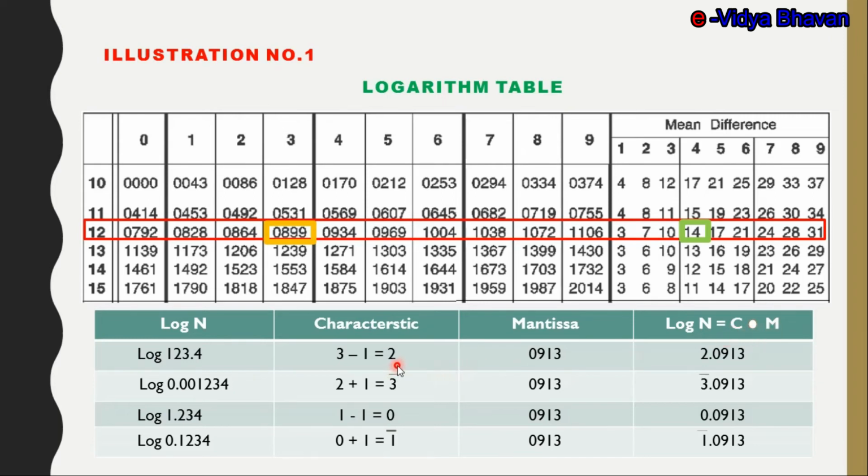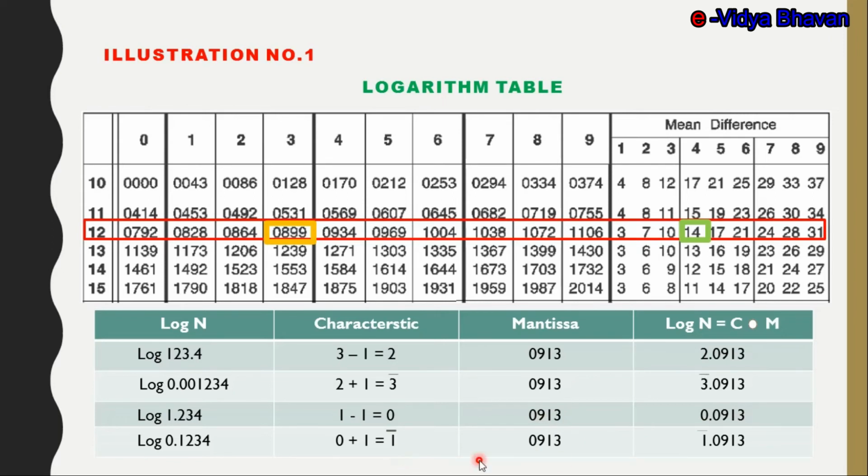So the characteristic is 2 dot mantissa 0913. Characteristic is 3 bar dot mantissa 0913. Characteristic is 0 dot mantissa 0913.